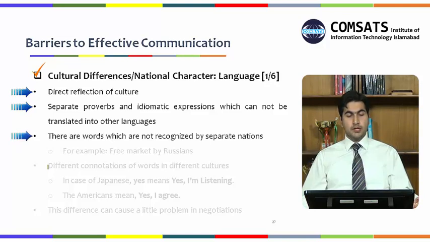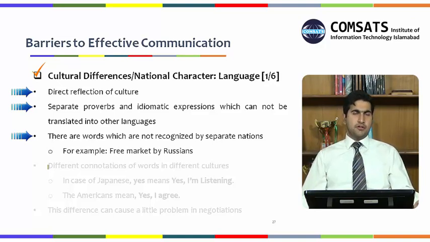Then there are words which are not recognized by separate nations, and when they are used, of course, they can cause a barrier as well. By general convention, Russians are considered to be the ones who have their separate economic system, and this free market system is, of course, applied in the case of the Americans, this capitalism, free economic system, or the free market.